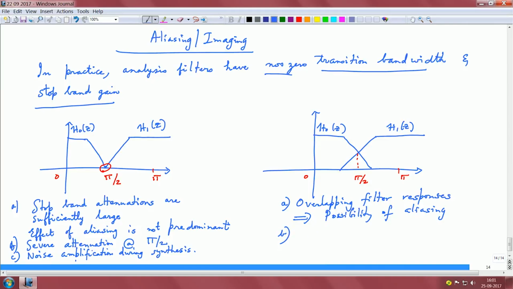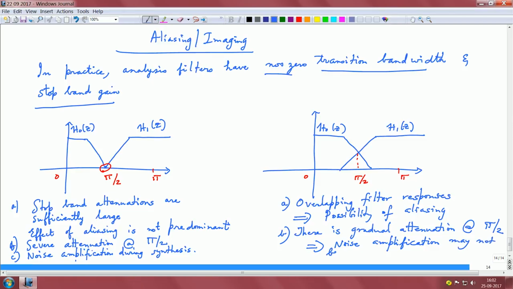And then some of the aspects that we saw here, there is gradual attenuation at pi upon 2, therefore, as a consequence noise amplification may not be all that bad during synthesis.